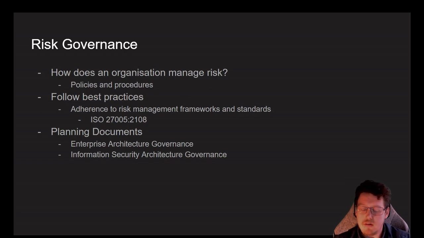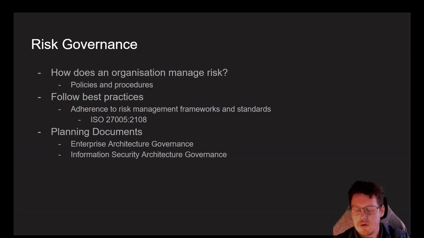Organizations generally aim to follow best practices, right? So we're trying to either implement risk management frameworks or standards, or adhere to them. An example of this is ISO 27005. That should say 2018, not 2108. The 2018 document.